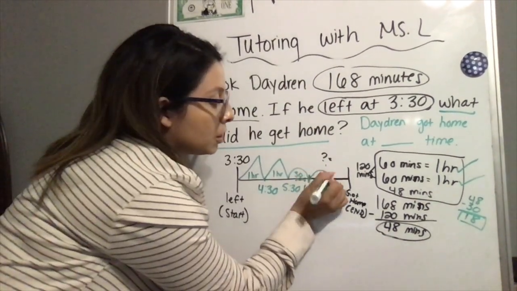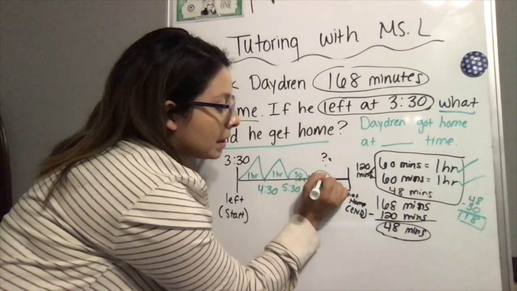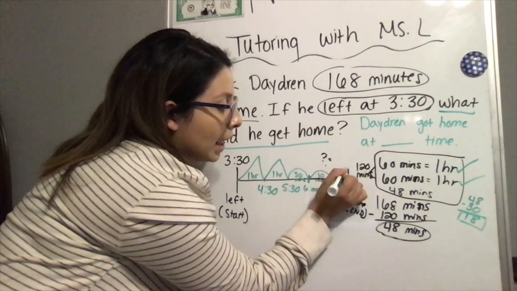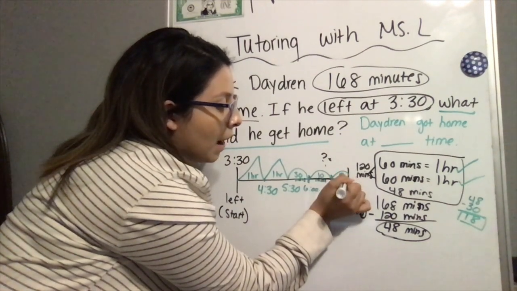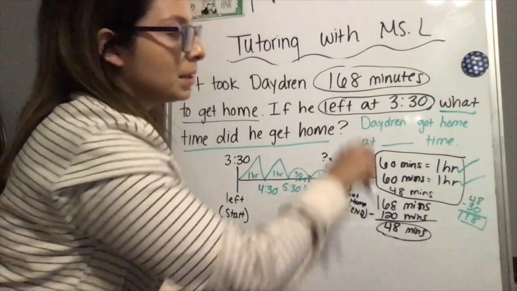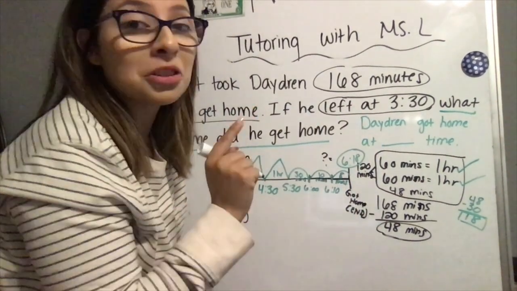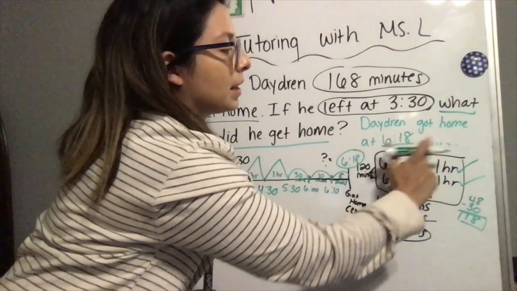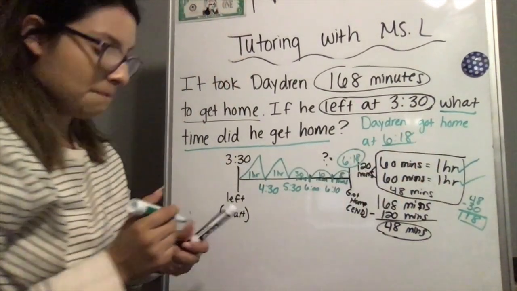But those of us who want to make sure, you could add 10 minutes, and that is 6:10. And then you can add 8 minutes, and that will give you 6:18. So what time did Daedrin get home? Daedrin, sweetie, you got home at 6:18. And you don't have to write time. You could just write 6:18.